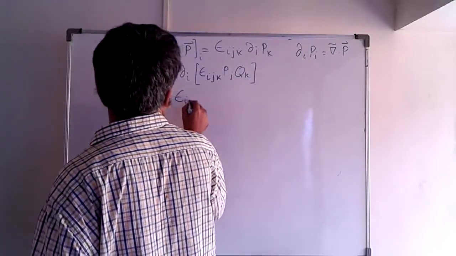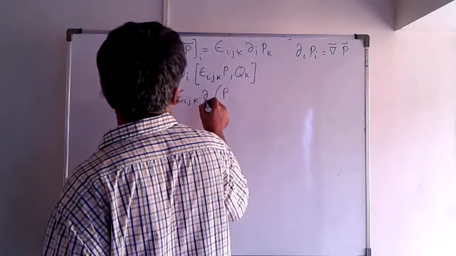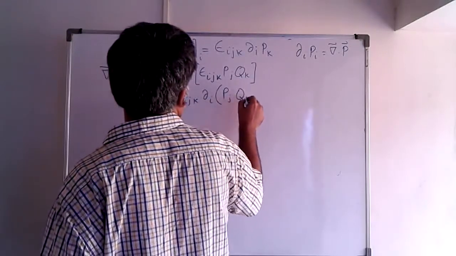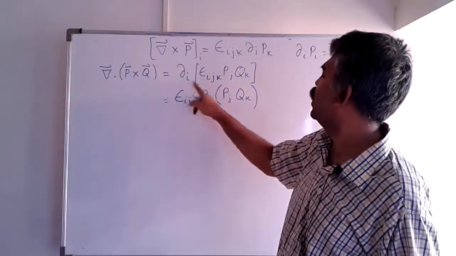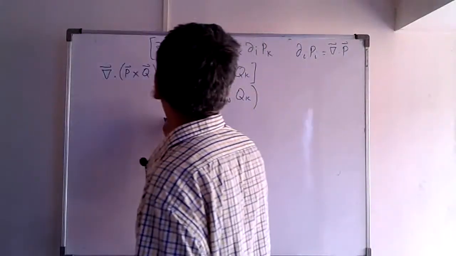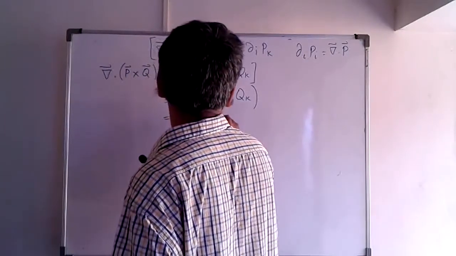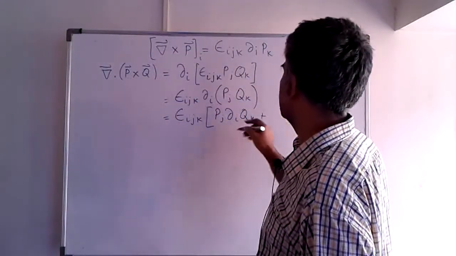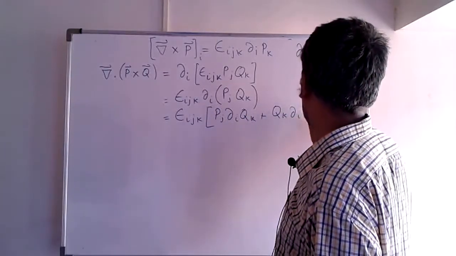Let's take this out. Epsilon i j k del i, sorry, pj qk. Whenever you write some expression like this, you must check that the dummy indices come in pairs. See, i, j, j, k, k. Now, epsilon i j k, this is pj del i qk plus qk del i pj.